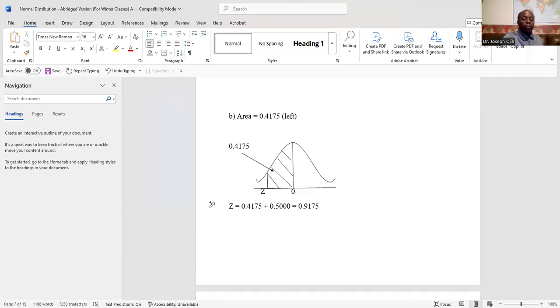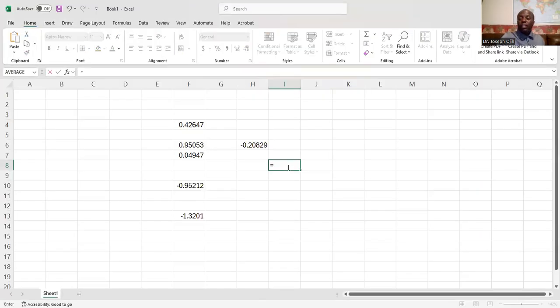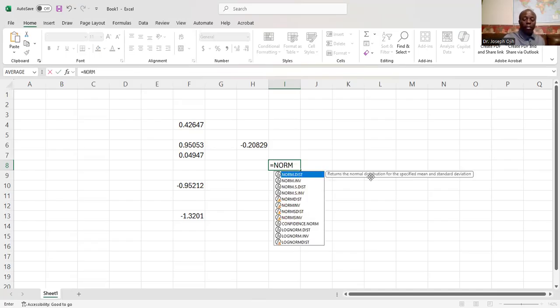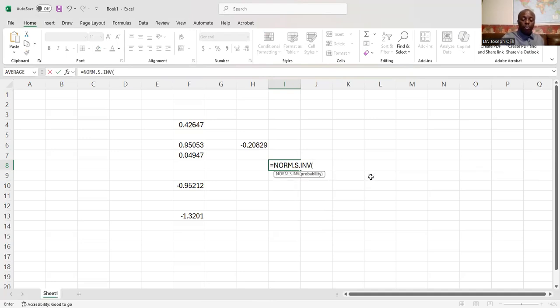So we go to Excel, not the table, and type norm.s.inverse of 0.9175.